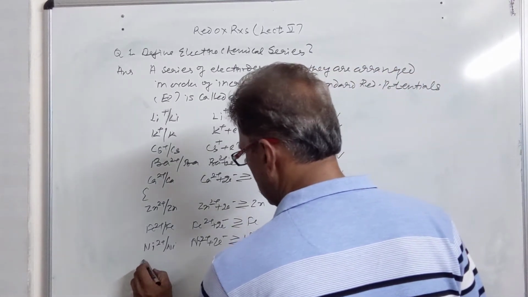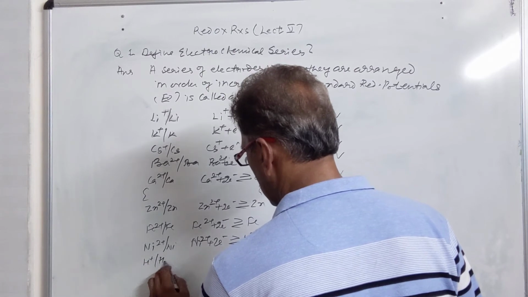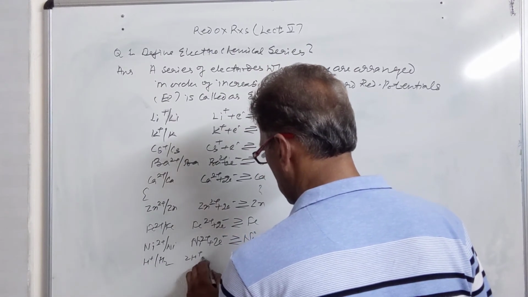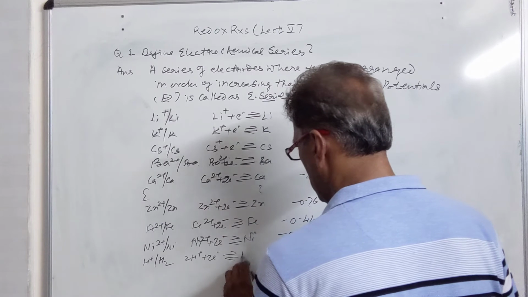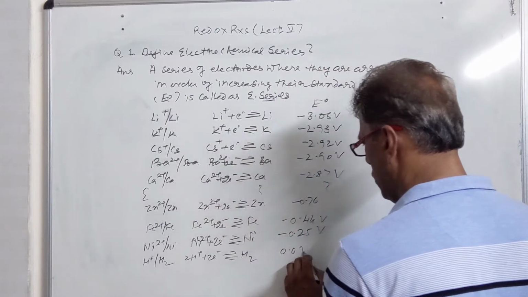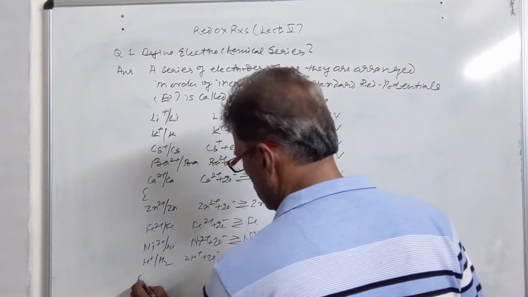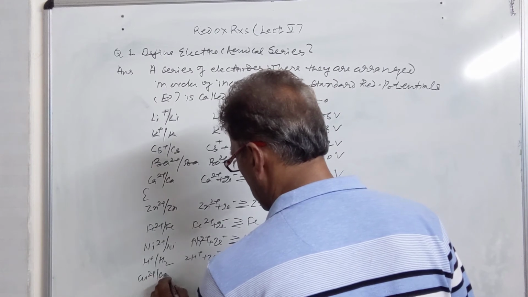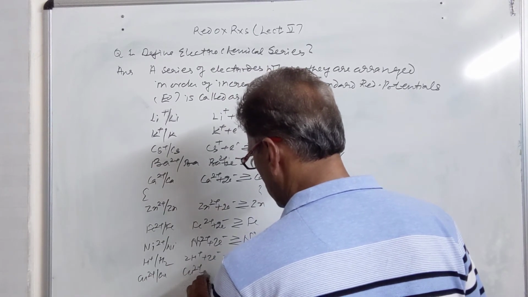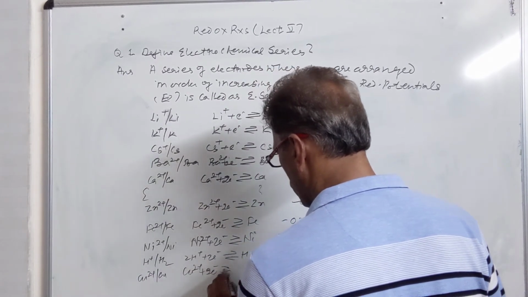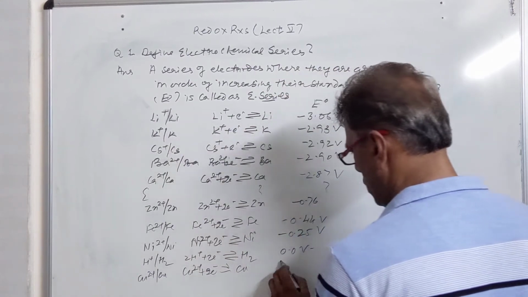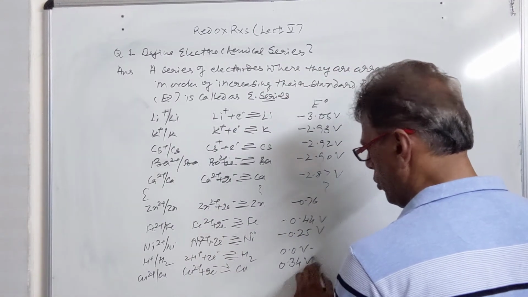Then we come to NHE, 2H+ plus 2 electrons to H2, value is 0.0 volt. Now positive values start. The copper electrode takes 2 electrons and changes into copper, value is 0.34 volts.